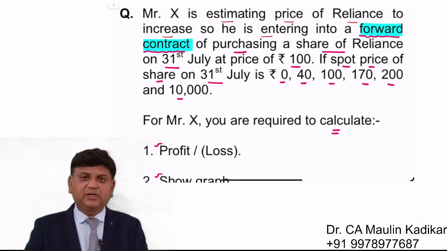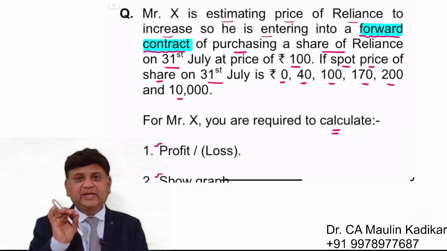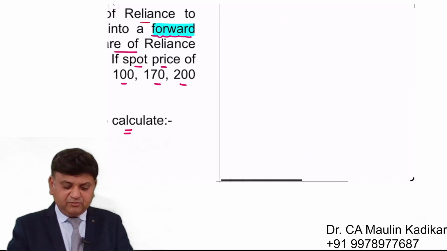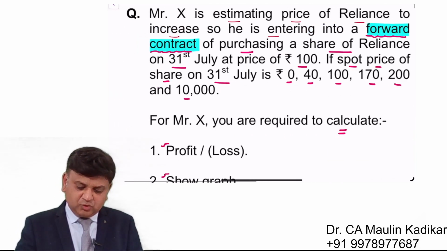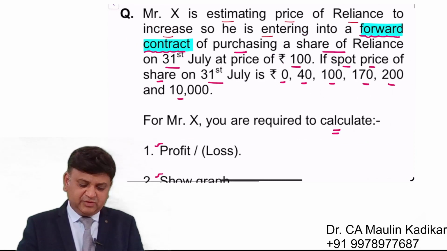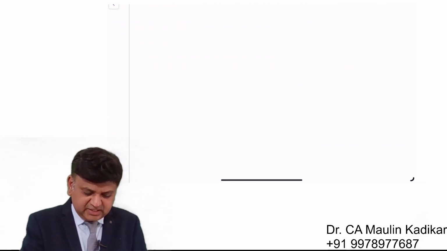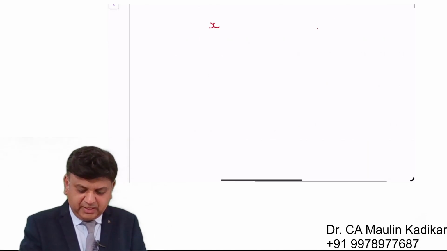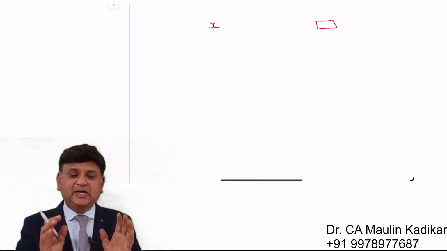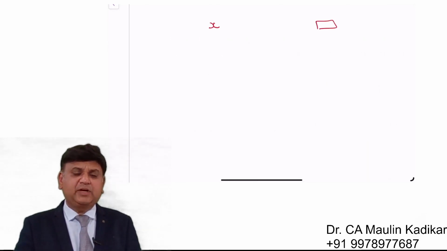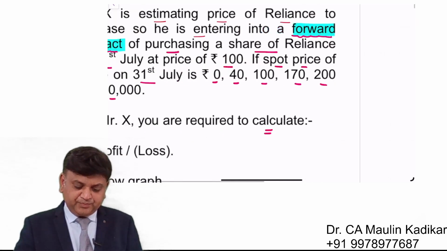As far as the forward contract is concerned, it is a transaction in which there would be two parties who would be entering into a transaction with one another. That is over here, Mr. X, and there would be an opposite party.